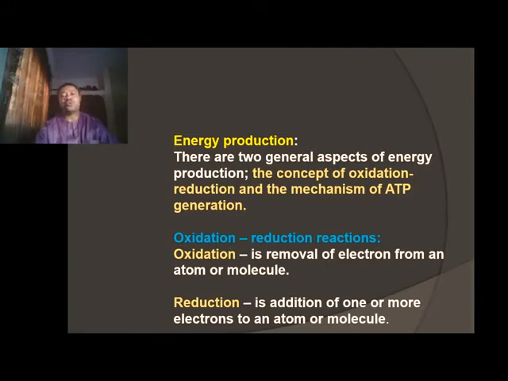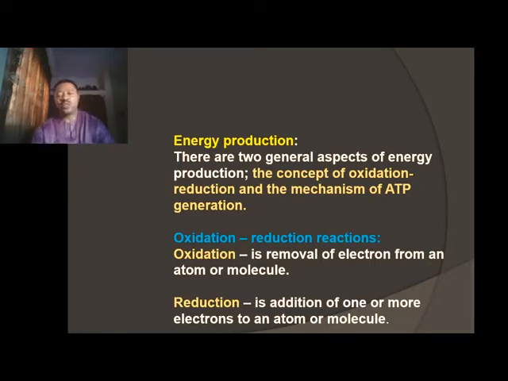There are two general aspects of energy production: one, the concept of oxidation reduction, and then the mechanism of ATP generation. We'll look at them one after the other.